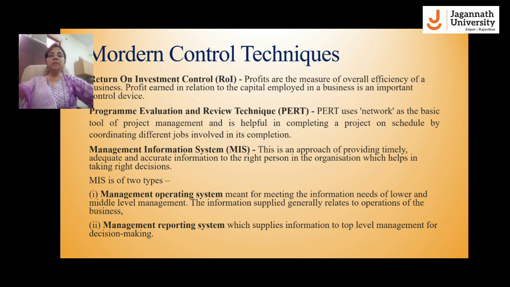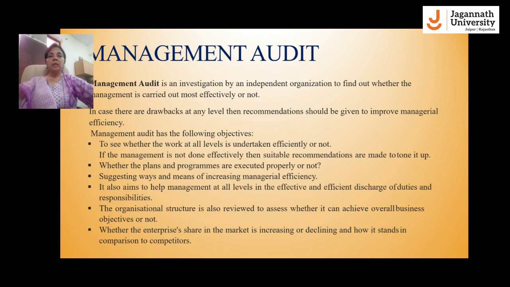This management information system is of two types: management operating system, which is meant for meeting the information needs of lower and middle level management, where the information supplied generally relates to operations of the business; and management reporting system, which supplies information to top level management for decision making.